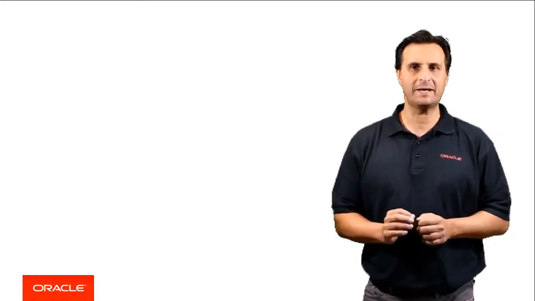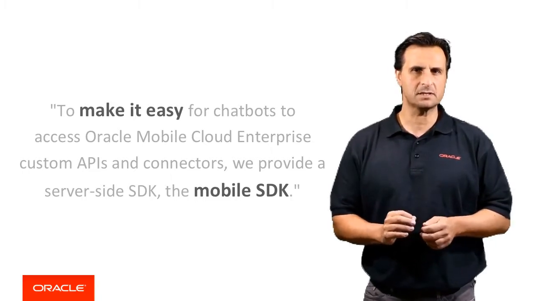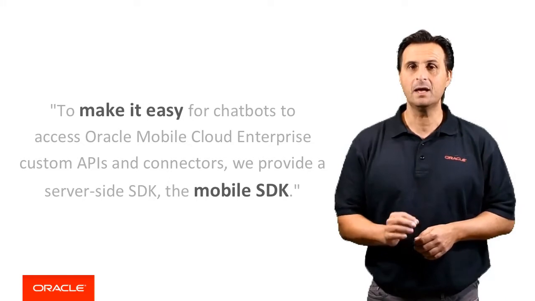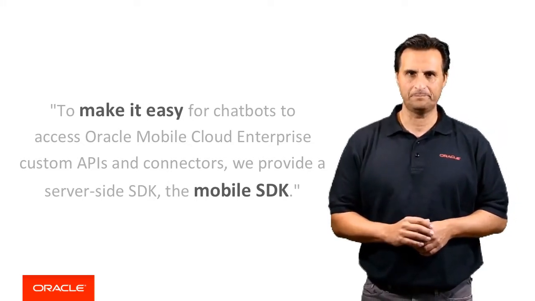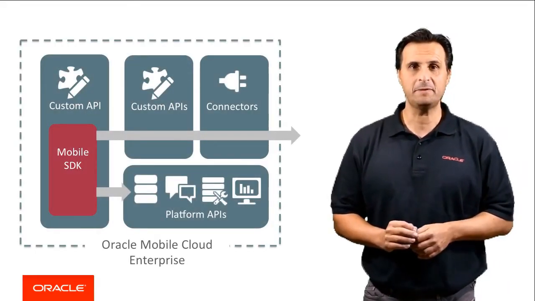And now it's a good time to introduce another SDK that exists in Oracle Mobile Cloud Enterprise and that can be used within custom components. To make it easy for chatbots to access Oracle Mobile Cloud Enterprise custom API and connectors, we provide a server-side SDK, the Mobile SDK. The Mobile SDK is part of Oracle Mobile Cloud Enterprise and is accessible from every custom API.